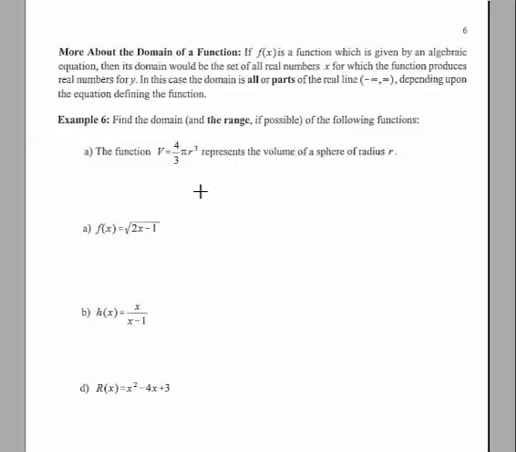Okay, page 6, we're still talking about section 1 of chapter 1. And now we're shifting gears to a different question. What is the domain of a function? As I mentioned in class, two of the more difficult questions that pop up in this first section would probably be whether an expression or a relation is a function or not, mostly in regards to an algebraic expression, which turns out to be simple to answer.